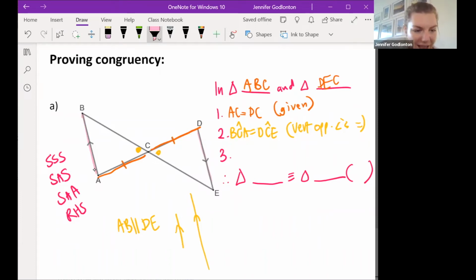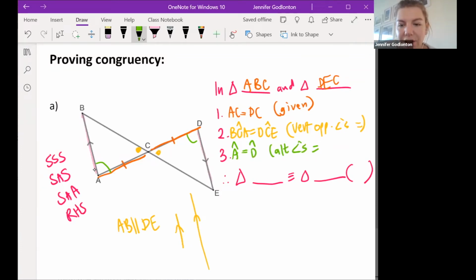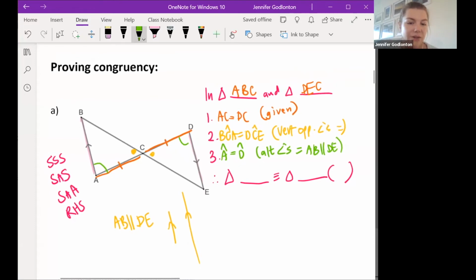There we go. A is equal to D. Okay, there we go. So now we can see that this angle is equal to that angle. So angle A is equal to angle D because they are alternate angles. Alternate angles are equal when AB is parallel to DE. Okay, they alternate. You could have also said that this angle here is equal to that angle there for the same reason.